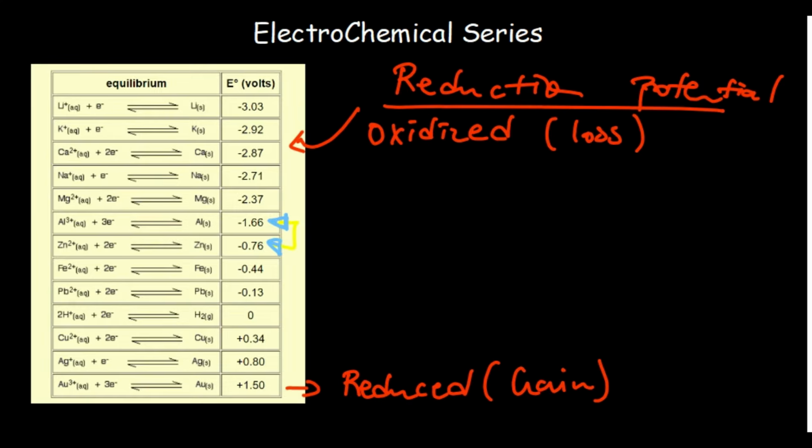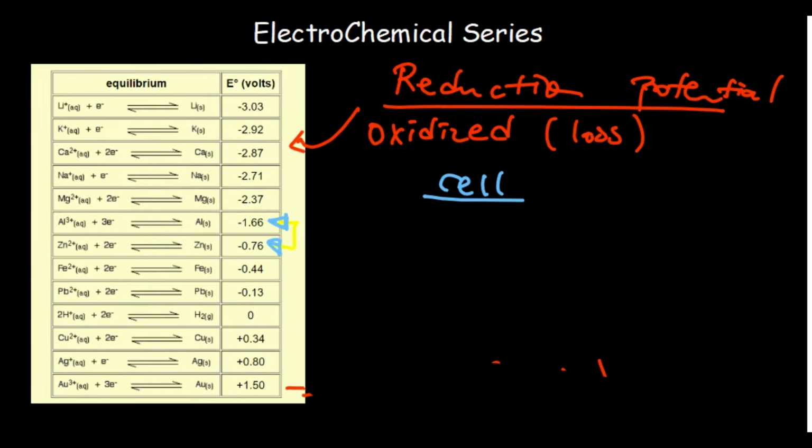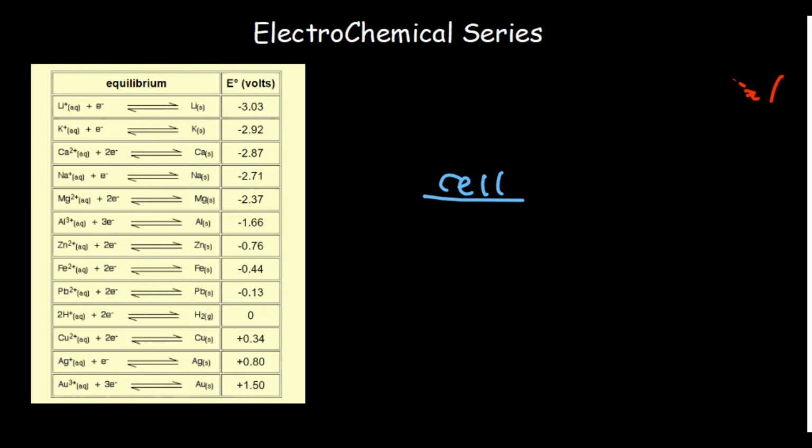Now, when you form a cell, you have a combination of these. Let me give you an example. Let's say we have a combination of zinc and copper. If you look at zinc, where is zinc?